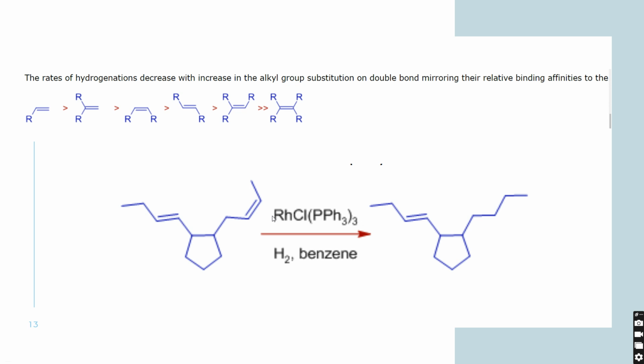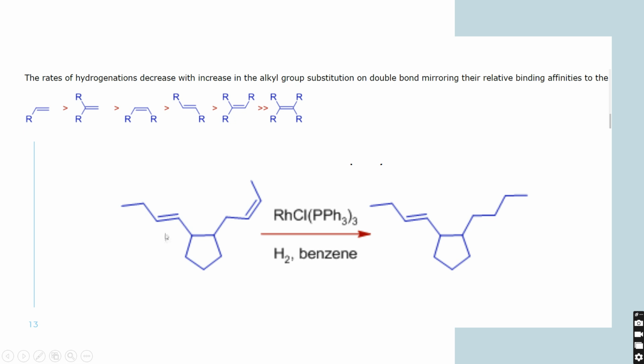Okay, and if we compare cis versus trans double bonds, the coordination of cis double bonds will be relatively more feasible to the metal, because if we imagine the binding of the trans double bond, we will see that the binding will not have very good affinity, because suppose the metal is coming from this side, then this substituent will cause steric repulsion.